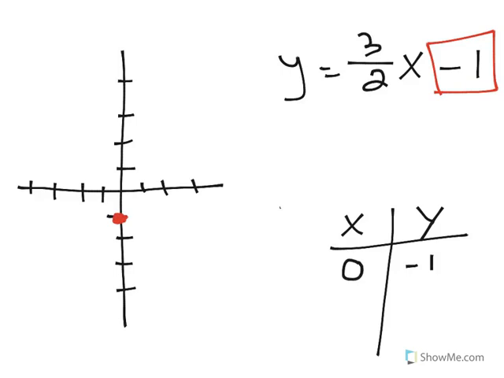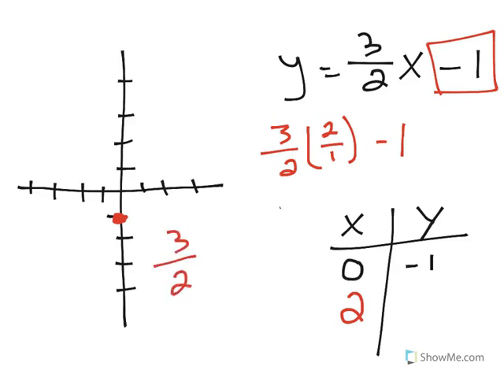Now for the next point, I'm going to pick an x of 2. So I'm going to do 3 over 2 times 2 over 1 minus 1. You multiply across the top and the bottom. 3 over 2 times 2 over 1: 3 times 2 is 6, and 2 times 1 is 2.